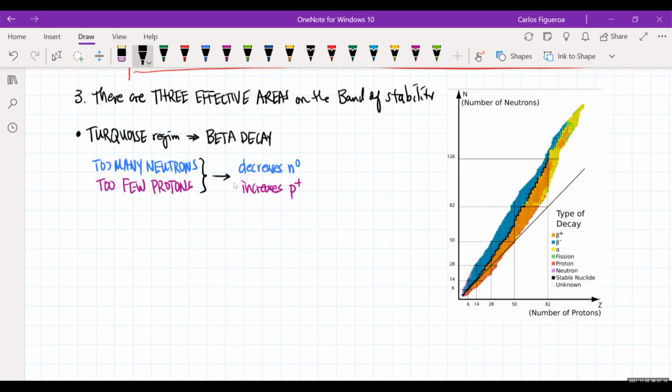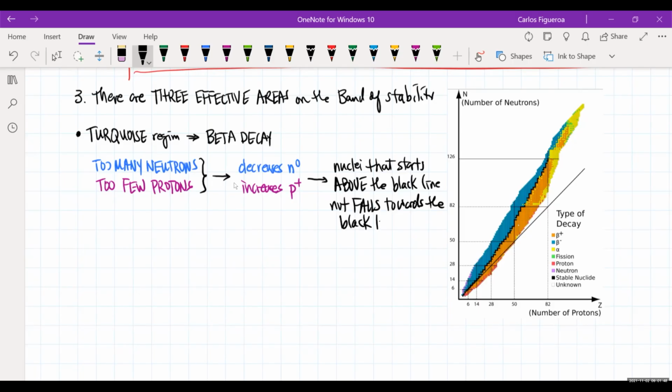So a nuclei that starts above the black line now falls towards the black line. And that's what we mean by the turquoise region.